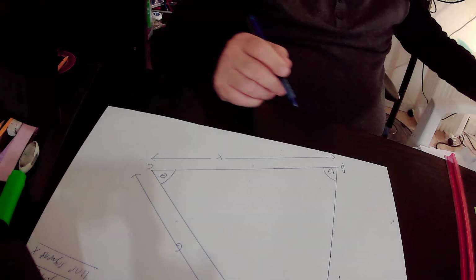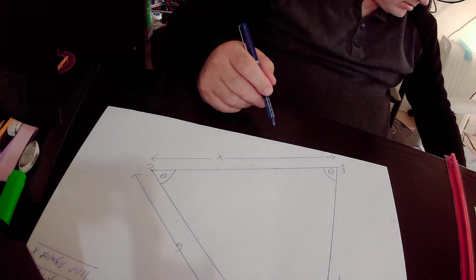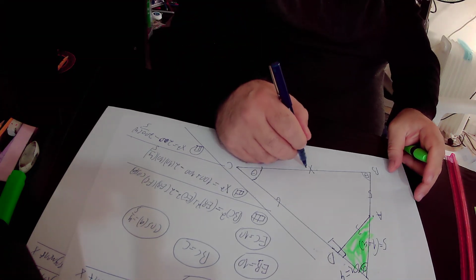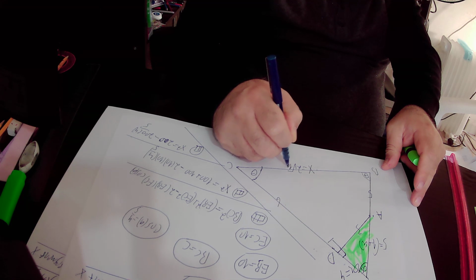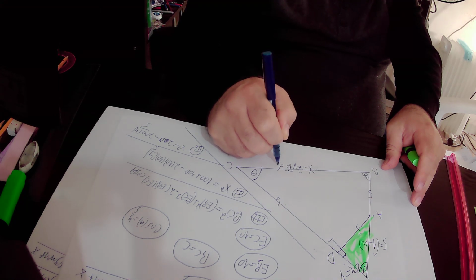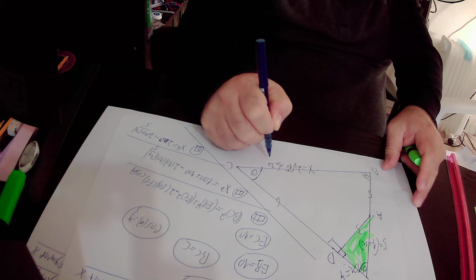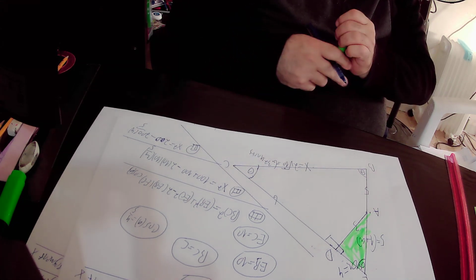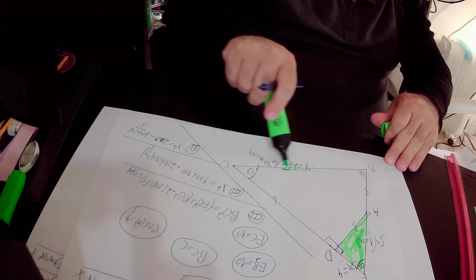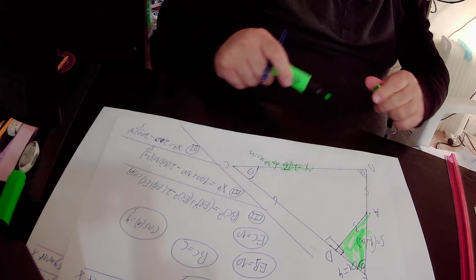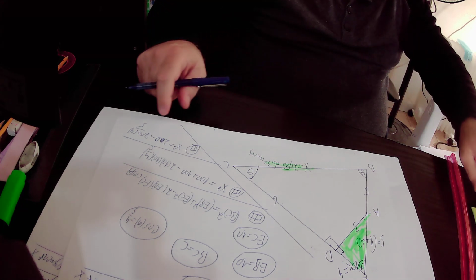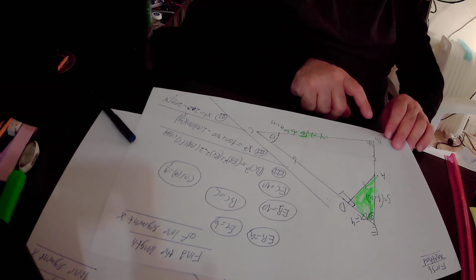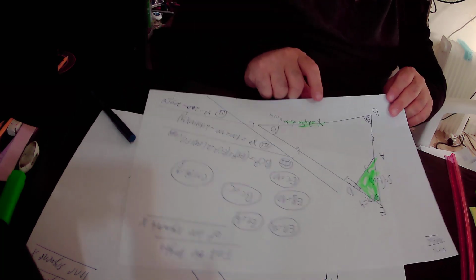So we can write here that x equals 2 times the square root of 10 units, or 6.32 units. Okay, so we finished with the first method. In the next step, I will present to you how to find the length of line segment x according to the second method.